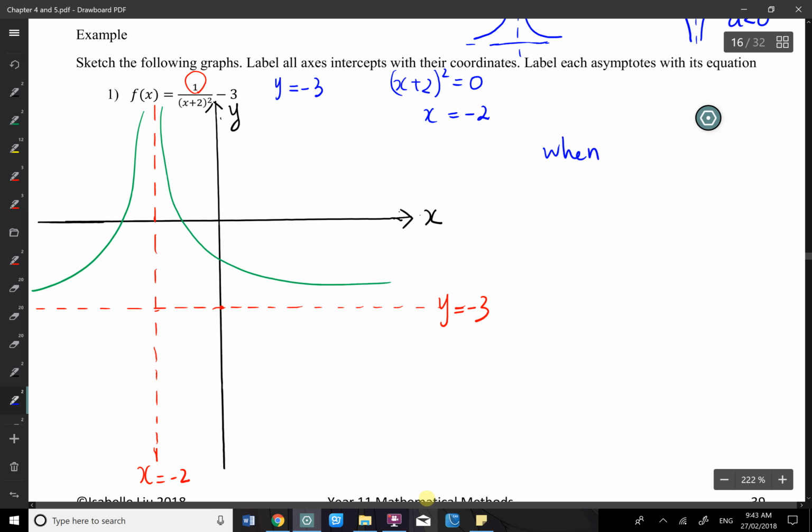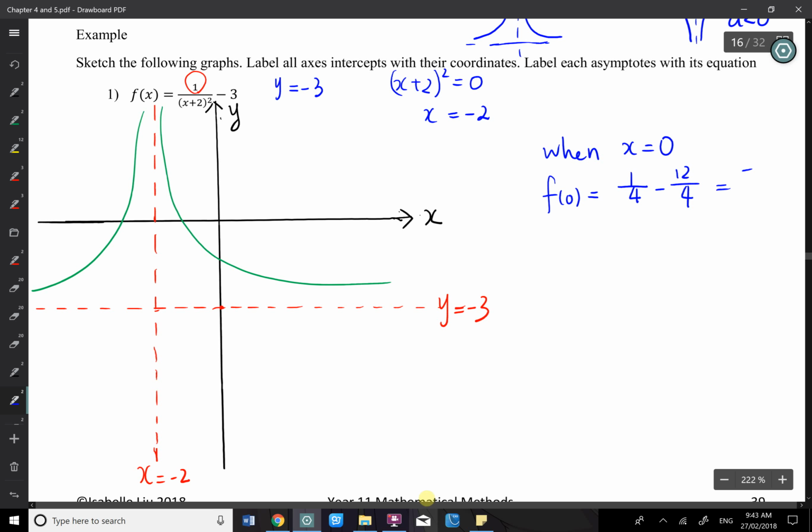When x equals to 0, my f(0) equals to 1 over (0 plus 2) squared minus 3. 2 squared is 4, a quarter minus 3. Well, 3 is 12 over 4.